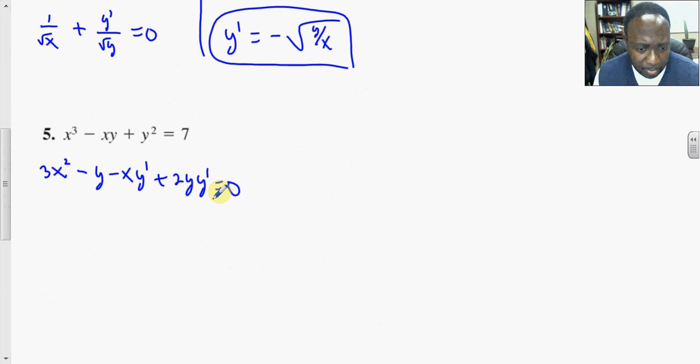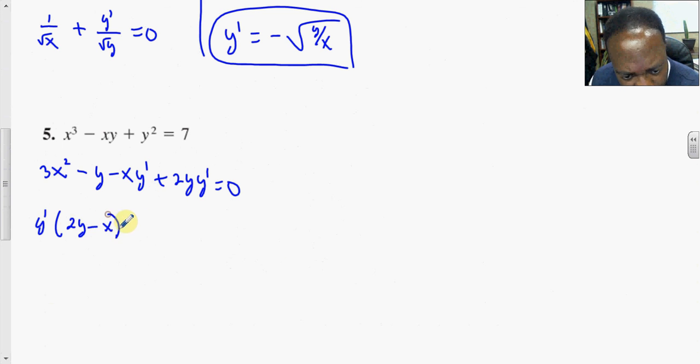I'm going to do a couple things at once. I'm going to get the y prime by itself, that is just factored from the terms that it's associated with, this 2y minus x. Get the other terms on the other side. That's y minus 3x squared.